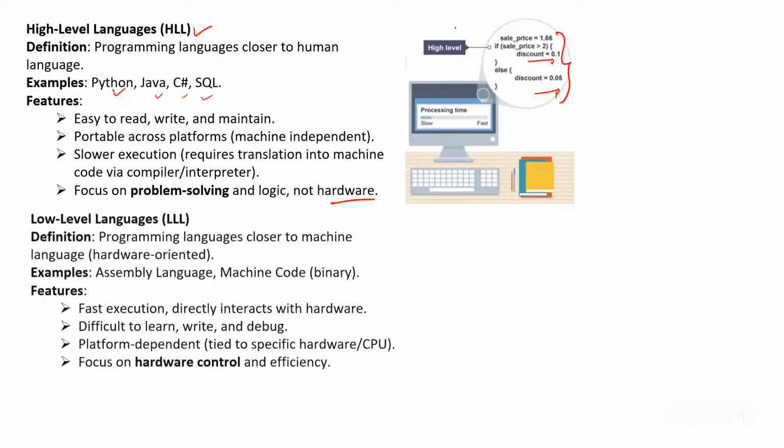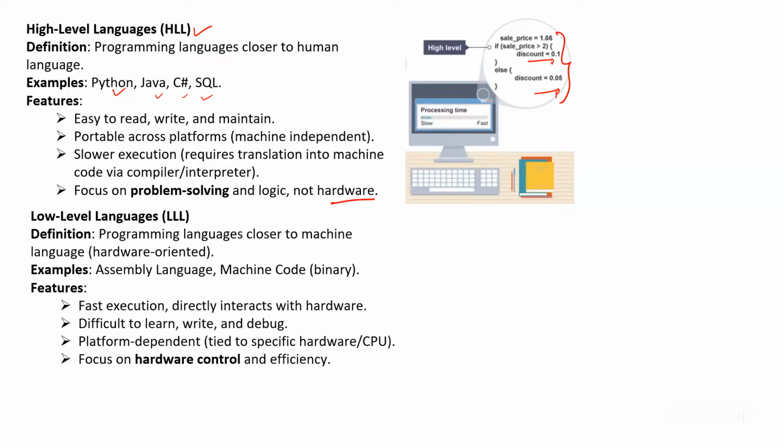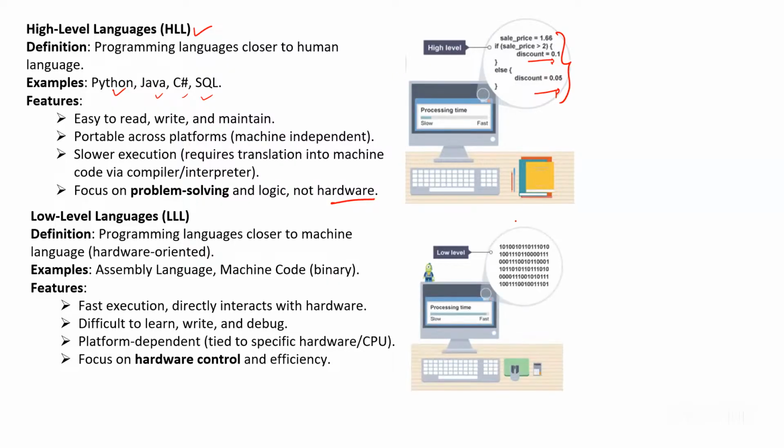Okay. There is another kind called the low level language. What is a low level language? It is very close to your computer and is not easily understandable by humans. If I give you 101010, can you interpret what this code is doing? Can you understand this? No. Those kinds of languages are called low level languages.